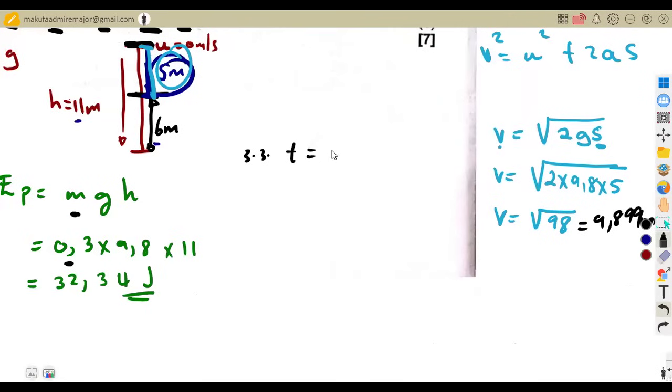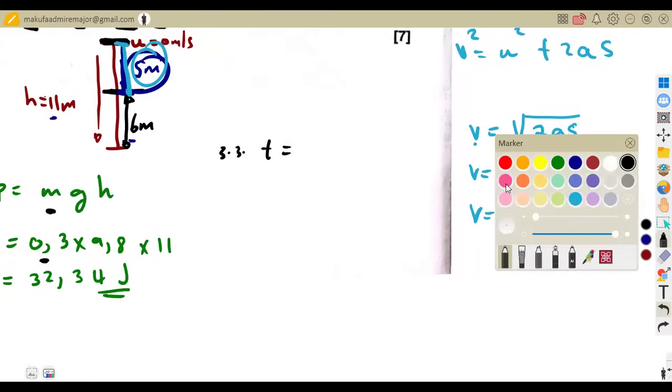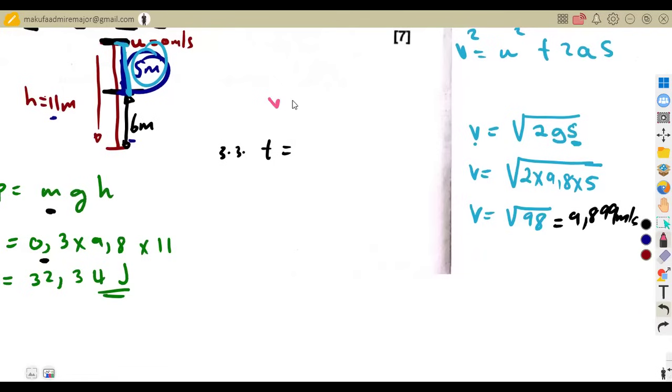You are simply using velocity over the gravitational acceleration. From which concept? Remember, from our formulas, we've got V is equal to U plus AT, where A is the gravitational acceleration.